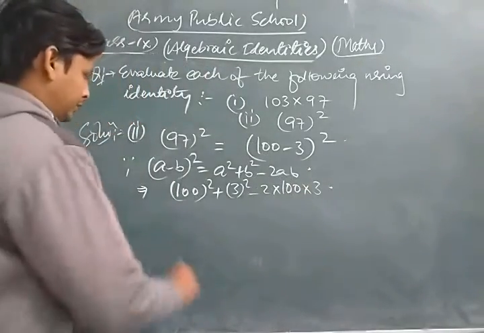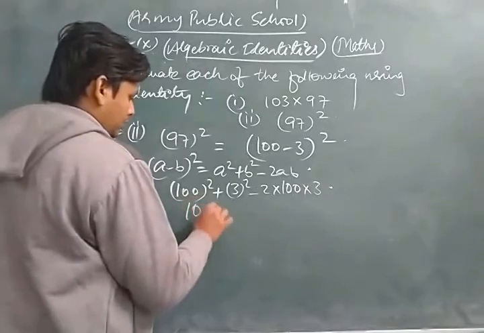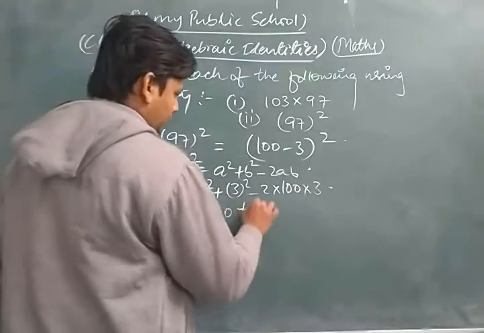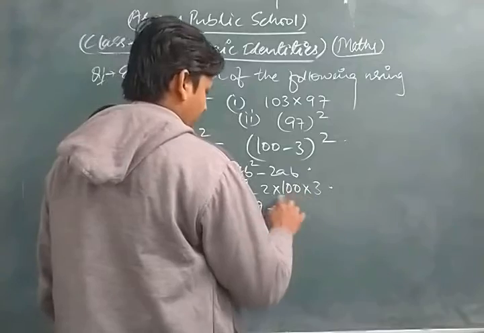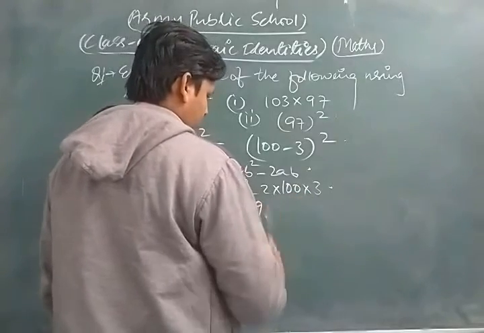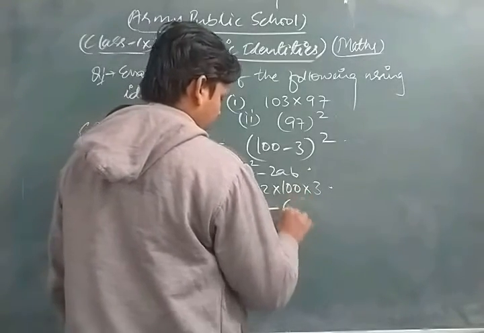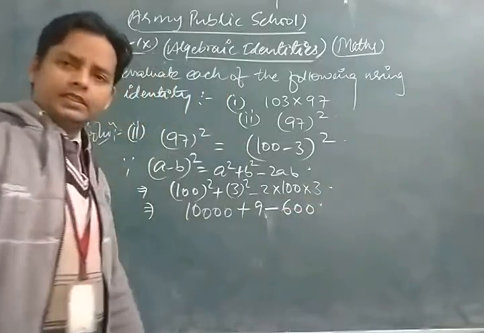Now we just simplify them. So 100 square is 10,000, plus 3 square is 9, minus 600.